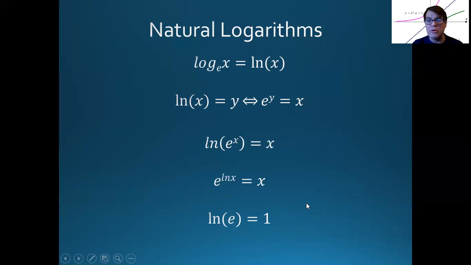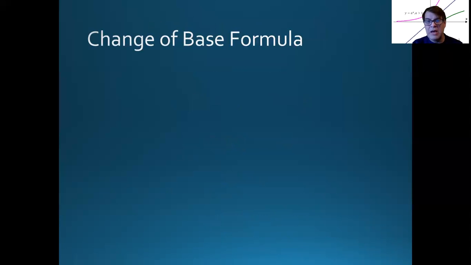Okay, natural logarithms. This is basically the same stuff we said with regard to logs in general, applied to the natural logarithm. This is very important, this change of base formula, because calculators use this to calculate a logarithm that isn't nice.